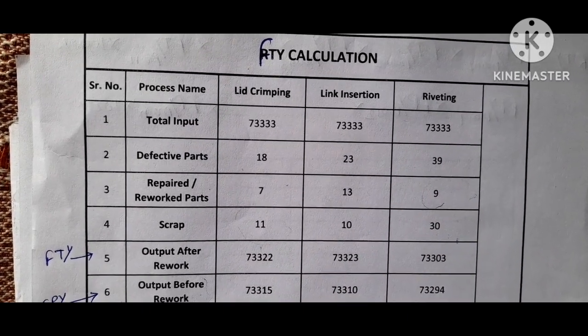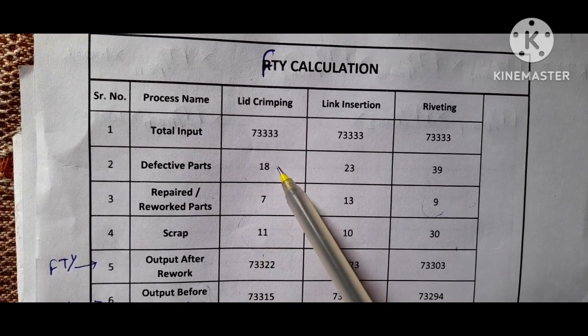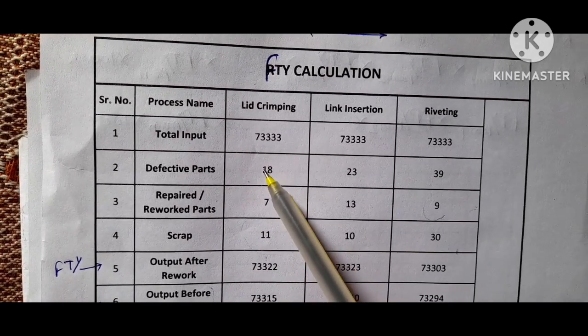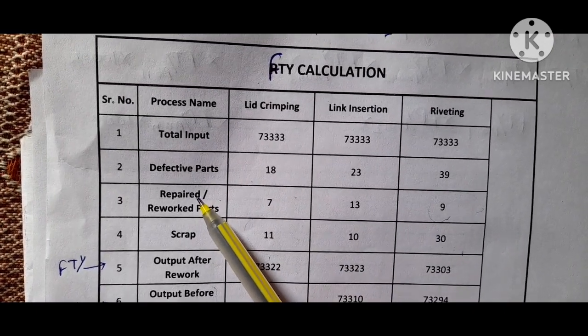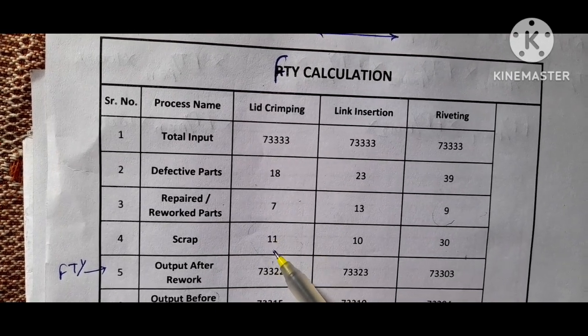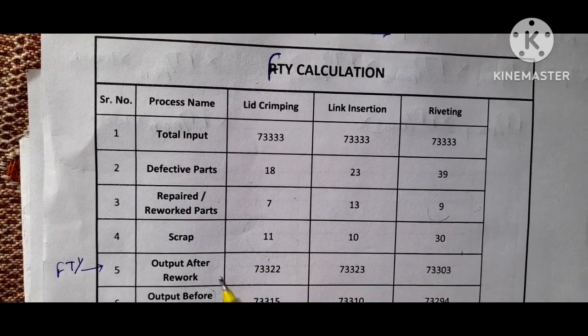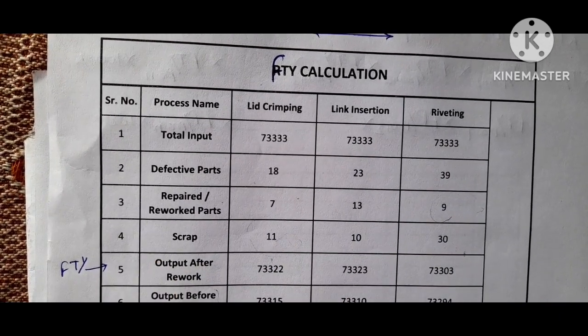So the only scrap part is 11 parts, because out of 18 parts, 7 parts are okay. So 18 minus 7 is 11, so only 11 parts remain. They will be totally defective, so they will be scrapped.